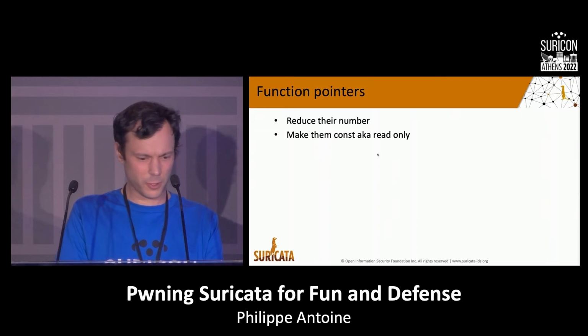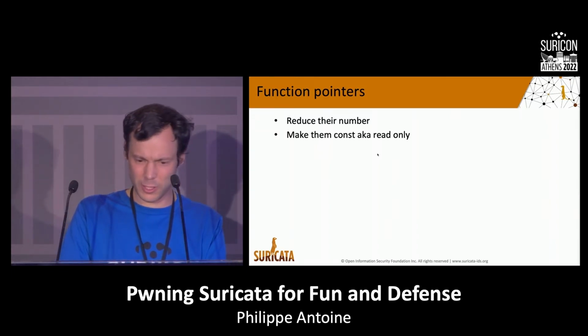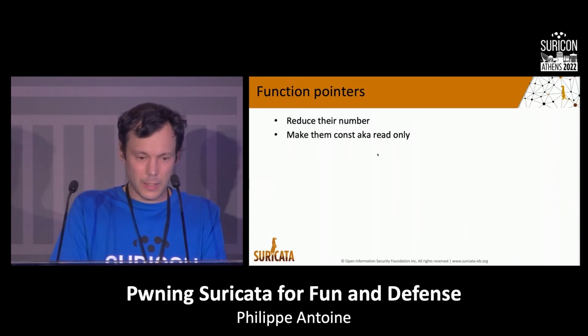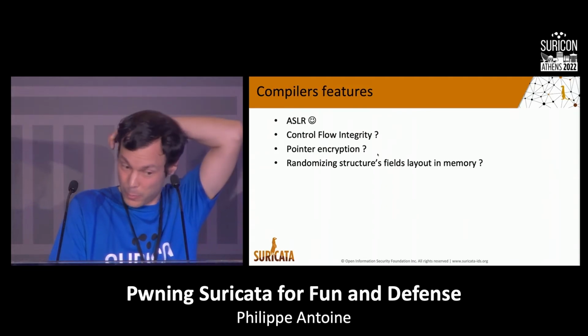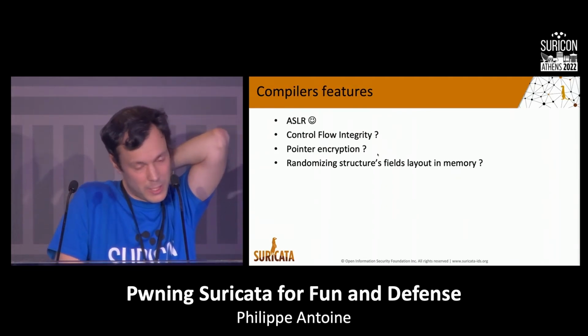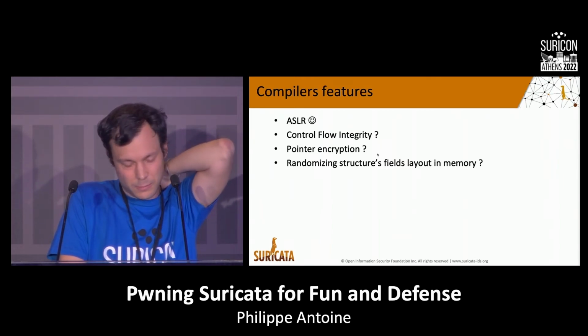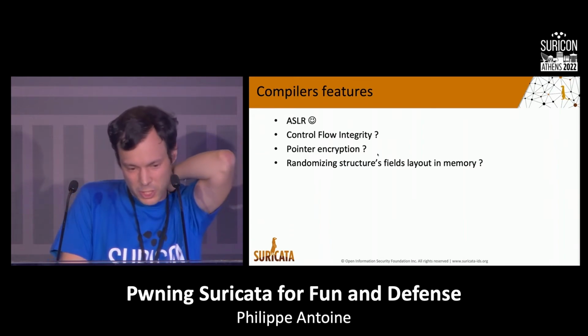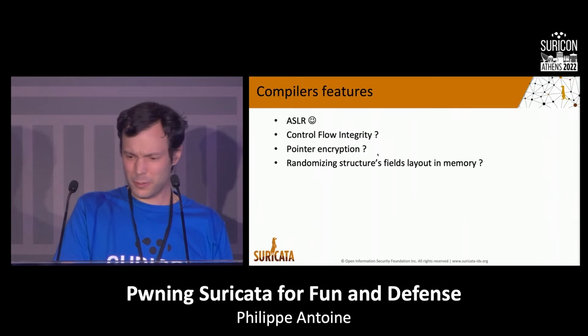So reduce function number, make them read-only. The Rust context function pointer that was used is now read-only, for instance. What you can do when you compile Suricata is get the best of your compiler, and especially ASLR, but there are more features.